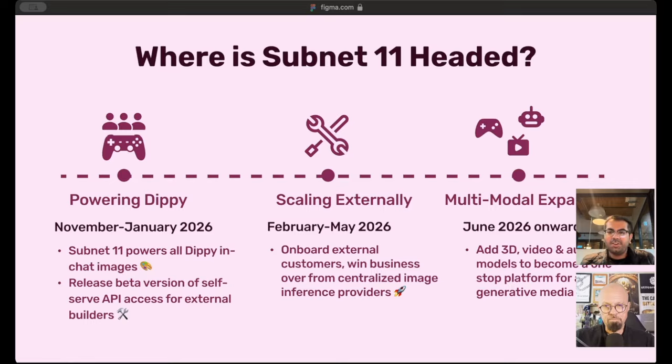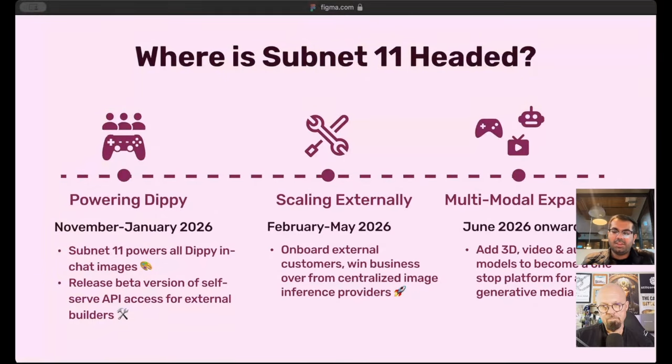We've had some inbound interest from other subnets wanting to use the model that we have right now, which is Flux Context Dev. So we'll onboard them, get validation and feedback from them. And then we're building a front end so that anyone can come online, sign up, get an API key, and do all of this self-serve, so we don't have to be involved. So it becomes a self-serve product like Fal or Replicate or Chutes even, for example.